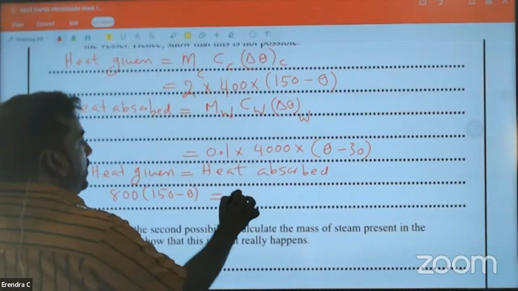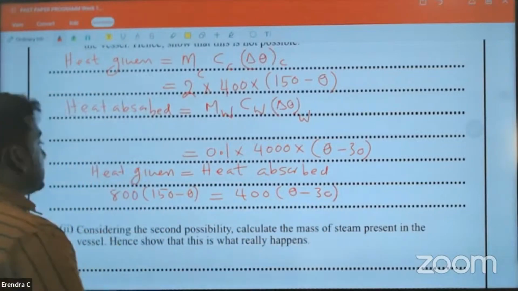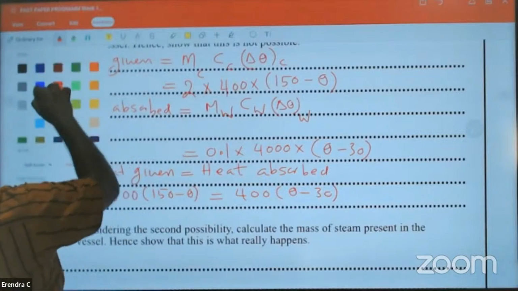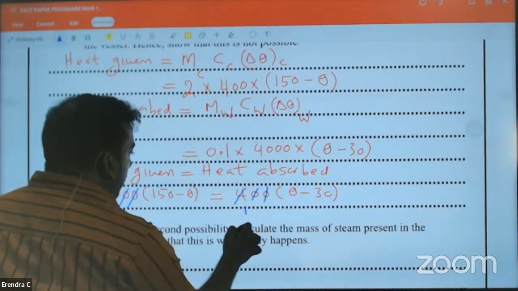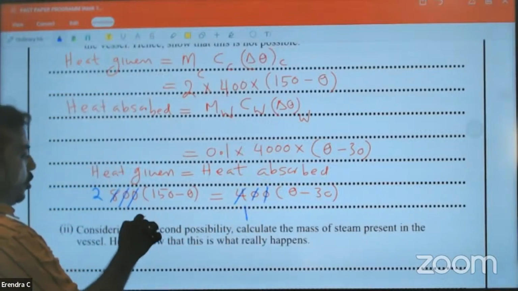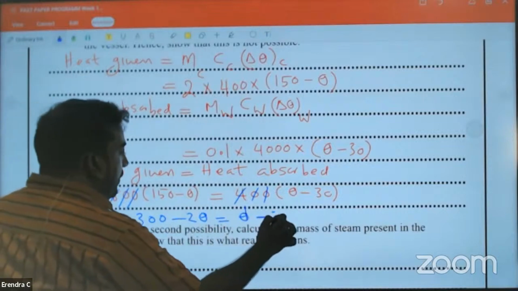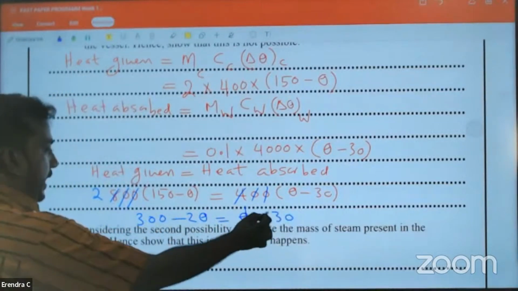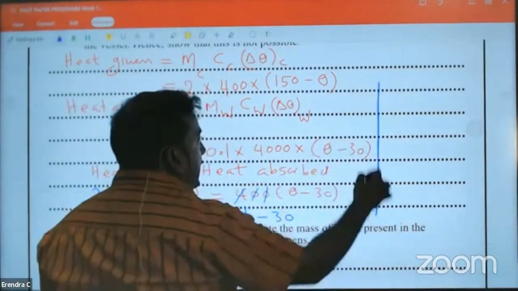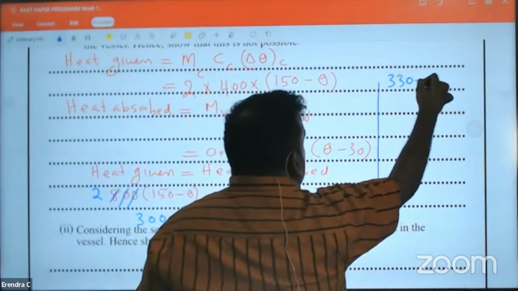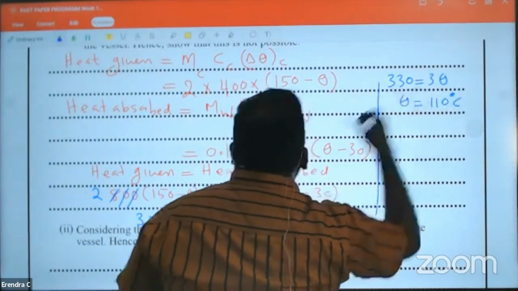Heat absorbed 400 into theta minus 30. Let's work. Once you get here, simplify it. 2 zeros, 2 zeros. 4 times 1, 4 times 2. Open brackets. 300 minus 2 theta equals theta minus 30. Take it this side. You get 330 equals 3 theta. That means theta is equal to 110 degrees Celsius.